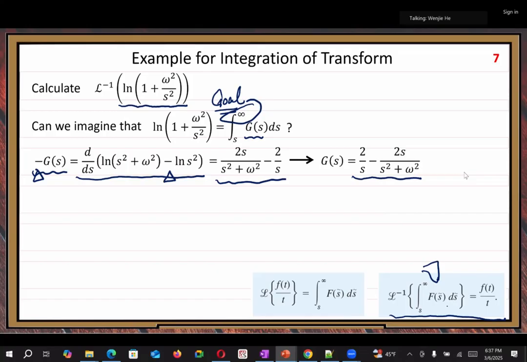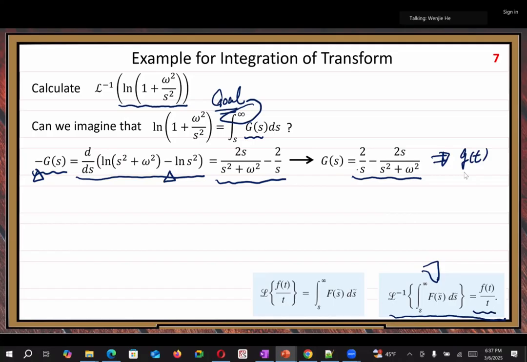After you have the capital G function, can you find little g? Because this is capital G, you need to find the little g function. Then you can use little g over t.